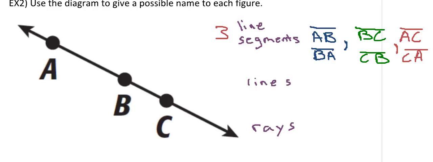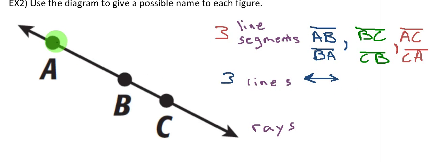Let's go ahead and look at lines. We're going to find some lines here, and I want to find 3 ways to represent lines. Now remember, lines are represented with a line with arrows moving in both directions. It's telling you that the line is going on in both directions forever.